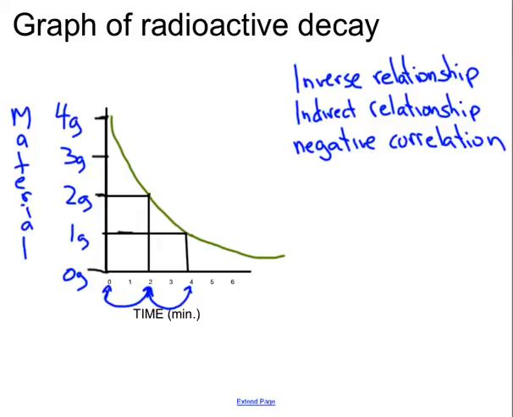It should be 2 minutes because half-life's constant. It's constant in this case every 2 minutes. It took 2 minutes to go from 4 grams to 2 grams. It should, if I drew my graph really well, and real questions will be drawn very nice, 2 grams to 1 gram took another 2 minutes. Half-life is constant. That's the great thing about radioactivity.